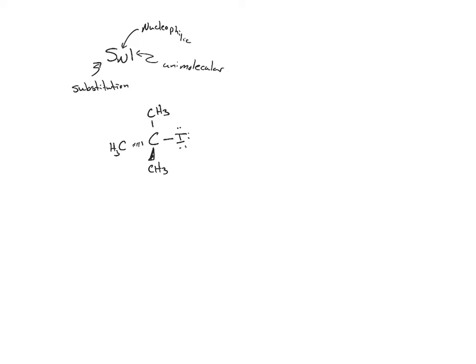So there's my alkyl halide. My I is going to be my leaving group. So this is where the curved arrow formalism comes in big time. We're going to be using this a lot.